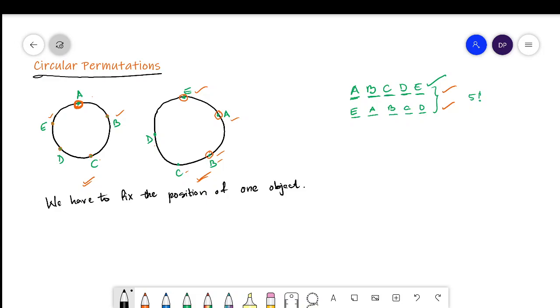So four objects can be arranged in four factorial ways.